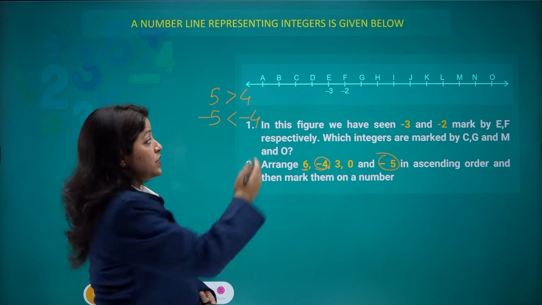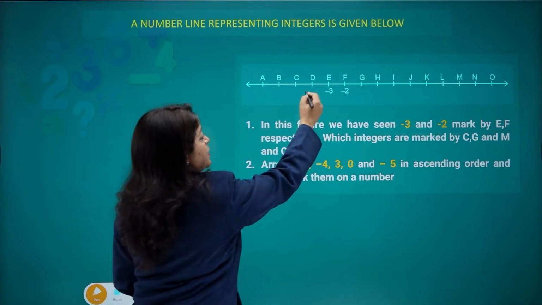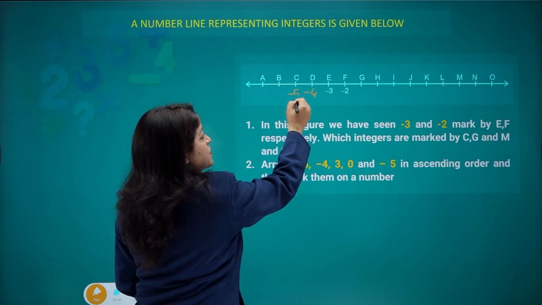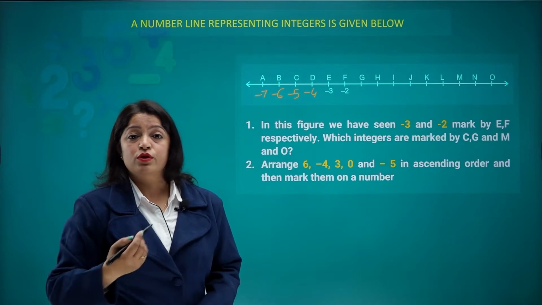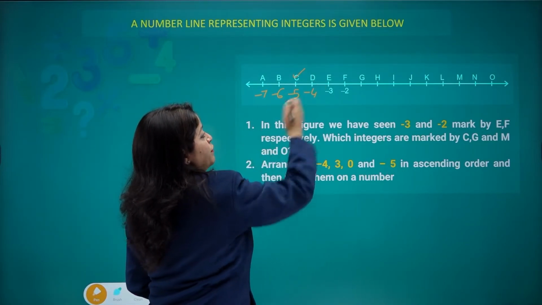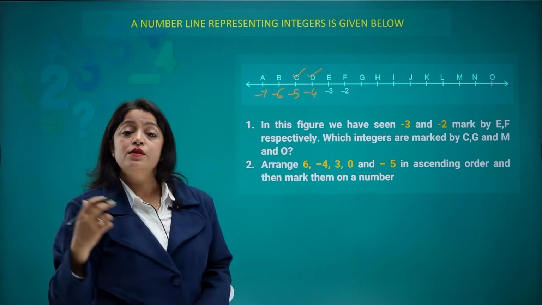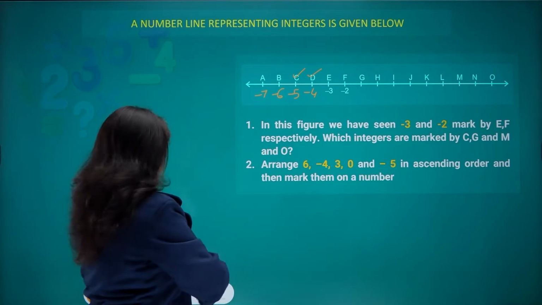Okay, because you can see from this also, like if I represent here, this is minus 4, this is minus 5, this is minus 6 and minus 7 and so on. So, you see which number is on the left hand side? We find here negative 5 is on left of negative 4. So, which is the smaller number here? Negative 5 is the smaller. So, let us arrange these numbers here.